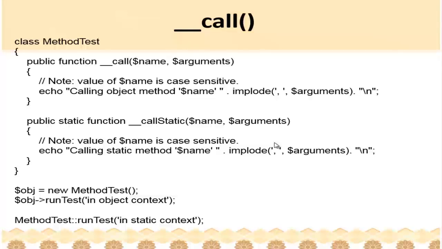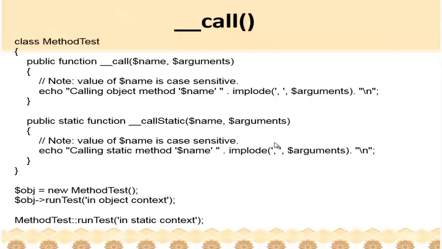But when you call this method, PHP automatically checks whether this method exists in the given class. If it is not there in the class, and if you have declared __call, it will automatically call __call and pass the arguments to it.